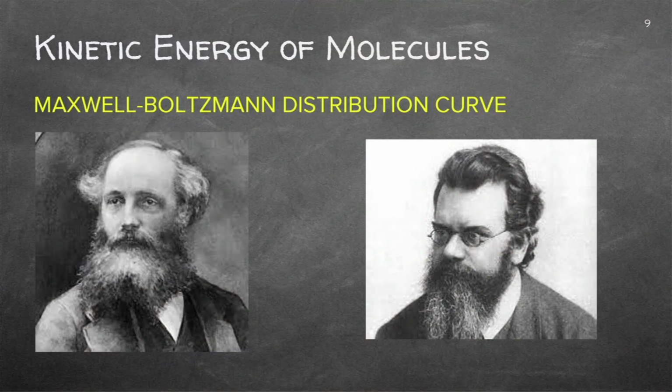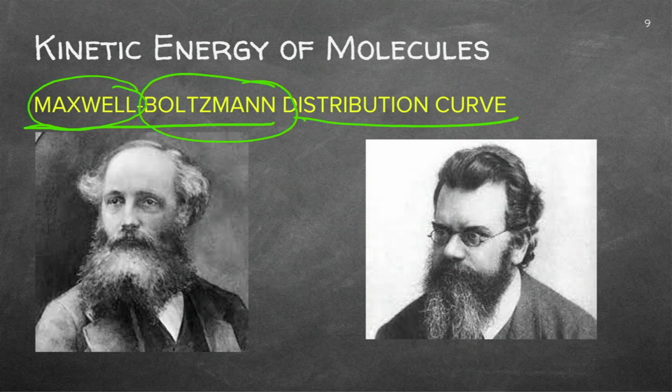Two mathematicians actually looked at the probability of the energy in a reaction. One guy was James Maxwell and the other one Ludwig Boltzmann. And we named their findings and the graphs that they actually put this into so that we can understand the Maxwell-Boltzmann distribution curve.